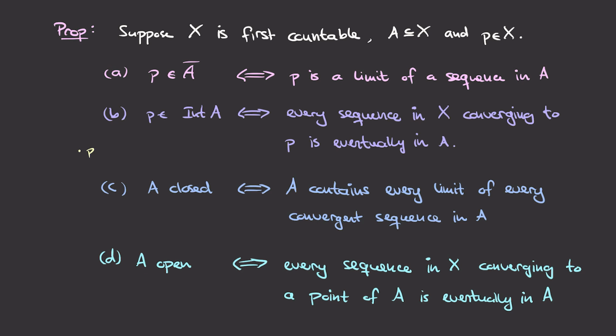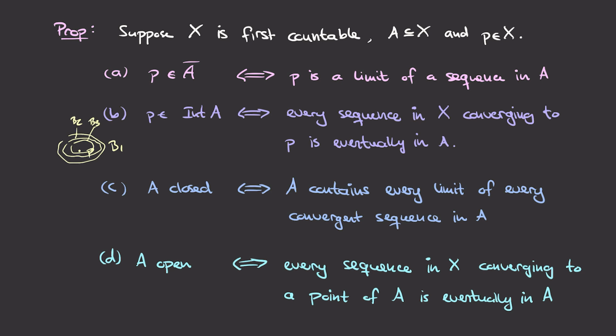So if we have our point P, then here we have our element, let's say maybe B1, and then B2 lies within B1, and B3 lies within B2, and so on. So all of the elements of this neighborhood basis can be assumed to be nested. If one starts with an arbitrary neighborhood basis at the point P, one can obtain such a nested neighborhood basis by intersecting elements of the original neighborhood basis.